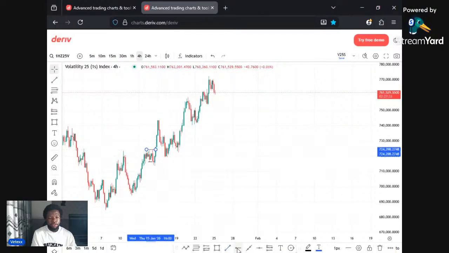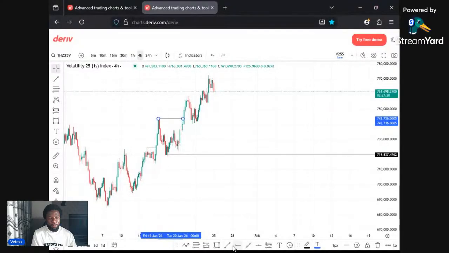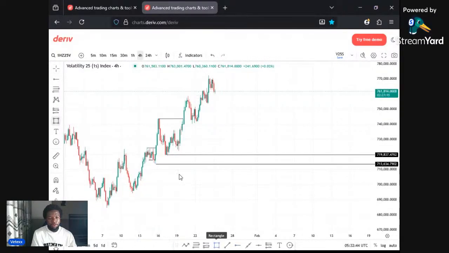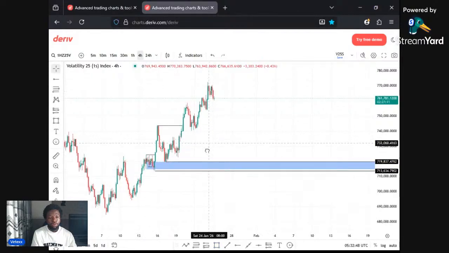Rule number three, 50% retracement. Rule number four, second break of structure. This becomes our protected high. The whole of this zone then becomes our point of interest.